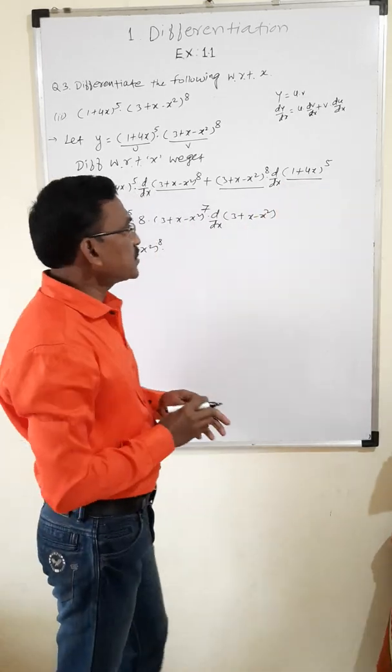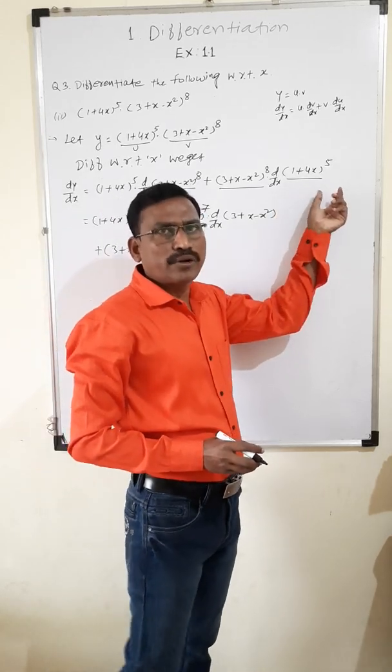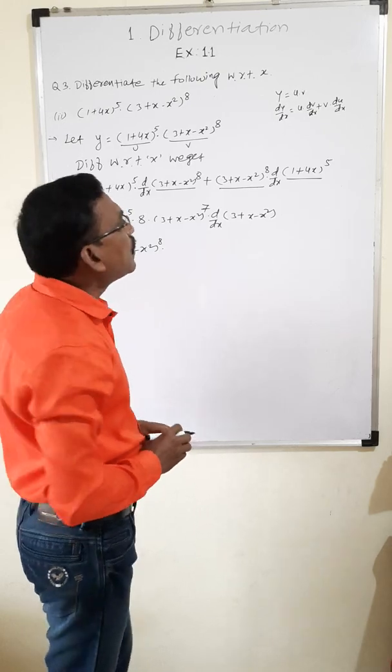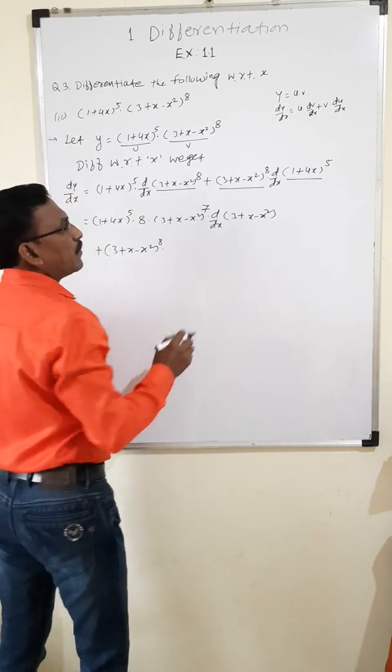Again this is a function like f of x raised to power n, its derivative is here n into f of x raised to n minus 1 into derivative of f of x.